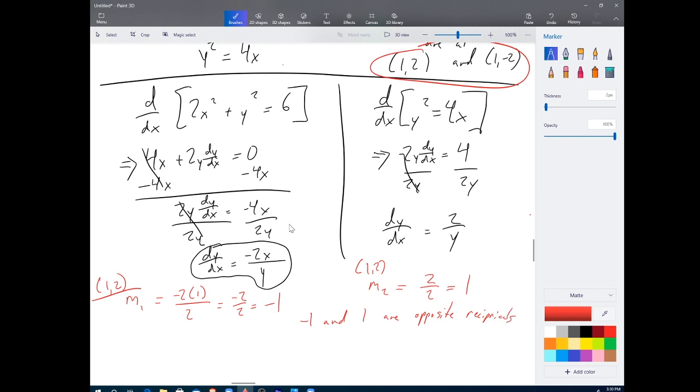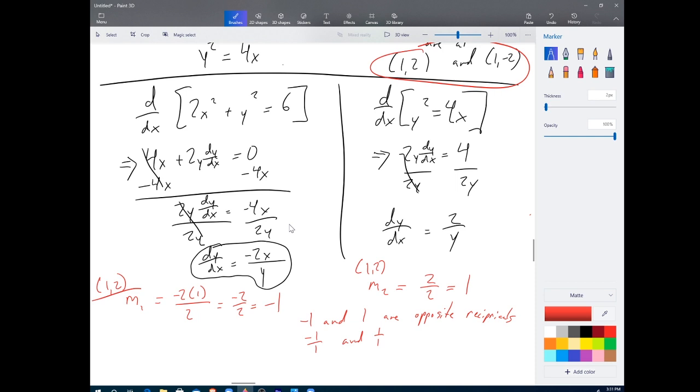And I know there's no fraction involved here, but I could think of this as negative 1 over 1 and 1 over 1. And if I rewrite them that way, I can see that if I flip 1 over 1 upside down, I still get 1 over 1. So it's just mostly the negatives that we have to account for here. Now that's only going to be true if your slope is 1. If you get any other number, then you want to watch for that reciprocal on the fraction.